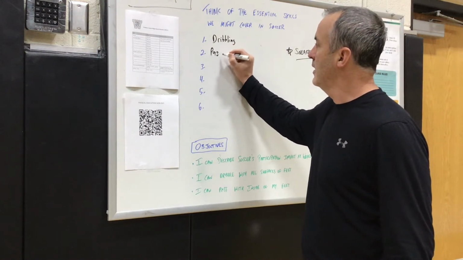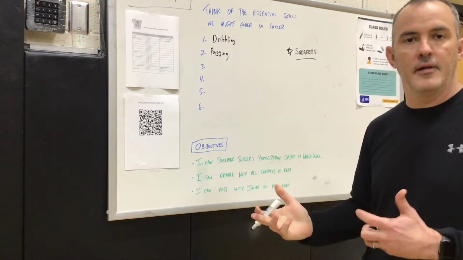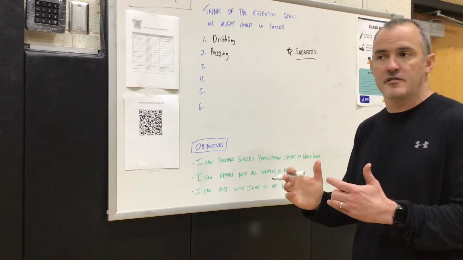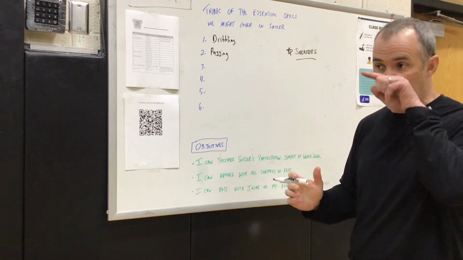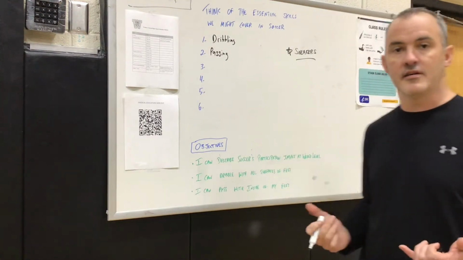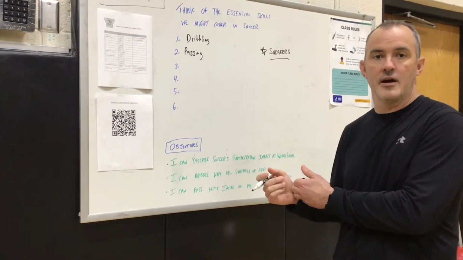Second is more obvious, is passing. All right, and we're going to talk about passing. We can show a drill on passing a little bit later in this lesson as well. And we're only looking for one basic type of pass in soccer and physical education, and that is using the inside of your foot for accuracy and short distances. So we don't use any long distance passing like you might see if you watch professionals play on TV.